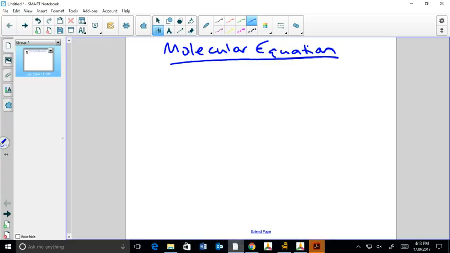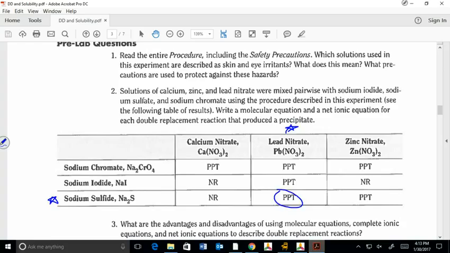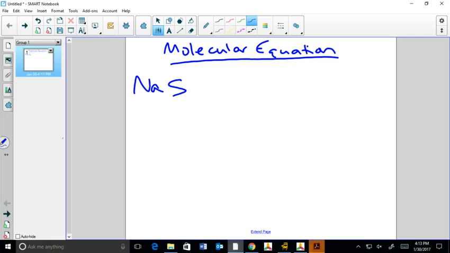So we're going to begin with NaS. And actually, if you look, it would be Na2S, because Na is a 1 plus and S is a 2 minus. So we have Na2S, and that will be an aqueous solution, because all of these are aqueous solutions.